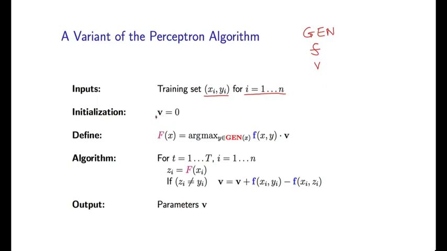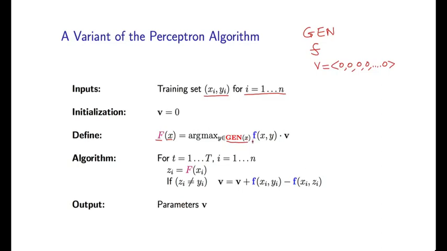So we initialize all of our parameters v to be 0. So we set v equals the vector of all zeros. That's the starting state. And then I'll define capital F for any input x in exactly the same way as before. So we enumerate all possible structures y in the set gen of x.